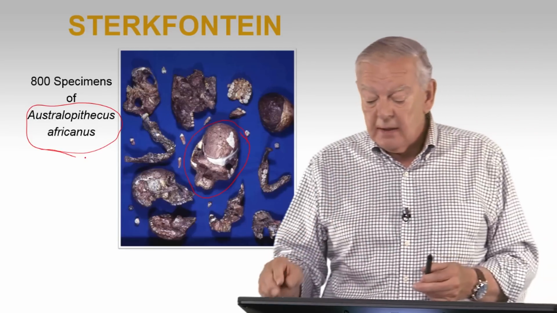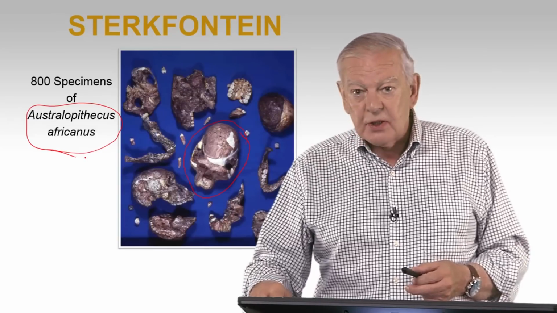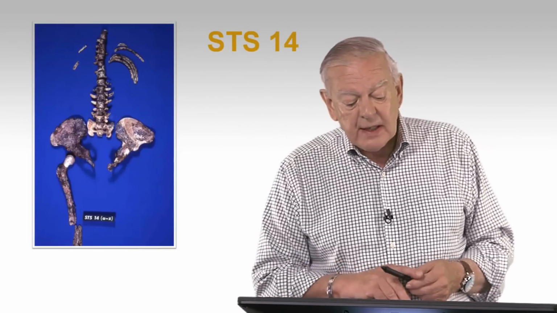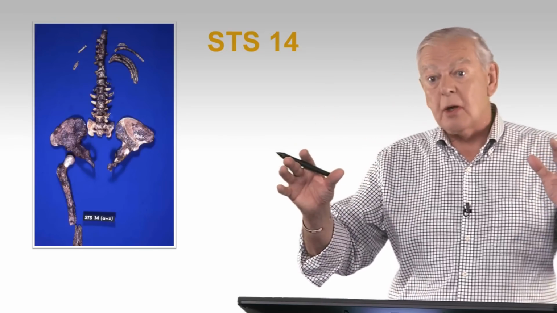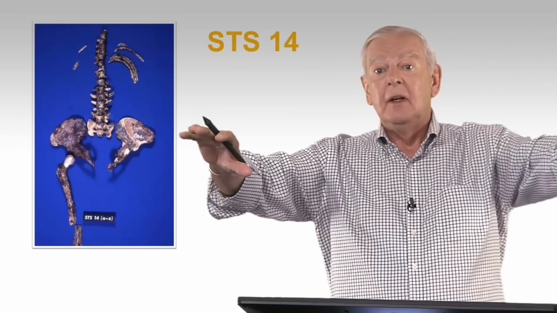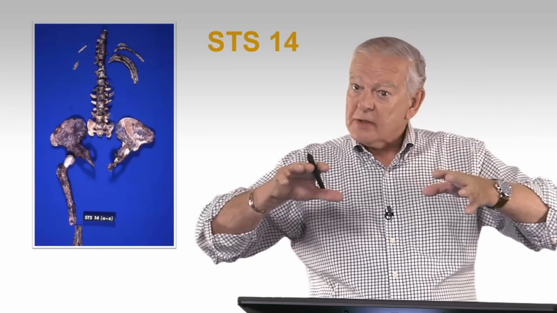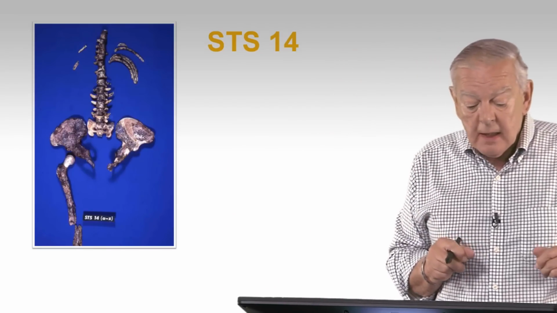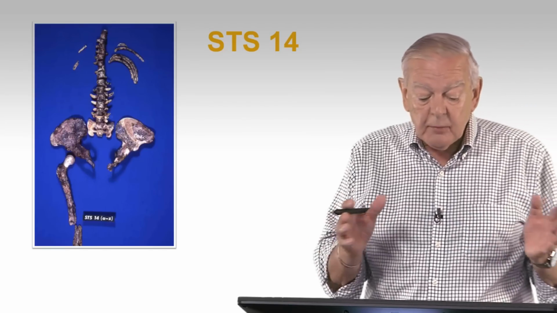So Sterkfontein, very important site, still discovering things at Sterkfontein. And if one is in South Africa, one can go to Sterkfontein and take a tour and go down into this cave and see some of the places where the fossils were found and look at wonderful displays. They were very fortunate in finding part of a skeleton.